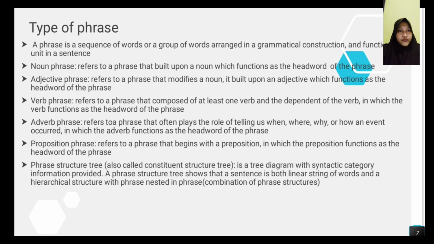And the last is phrase structure tree, also called constituent structure tree. It is a tree diagram with syntactic category information provided. A phrase structure tree shows that a sentence is not just a linear string of words but has hierarchical structure, with phrases nested in phrases or combinations of phrase structures.